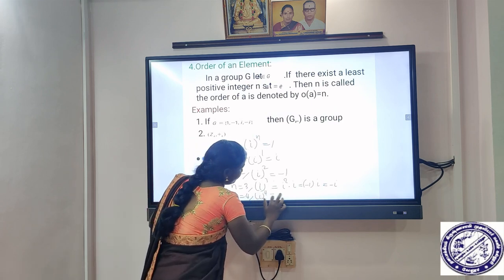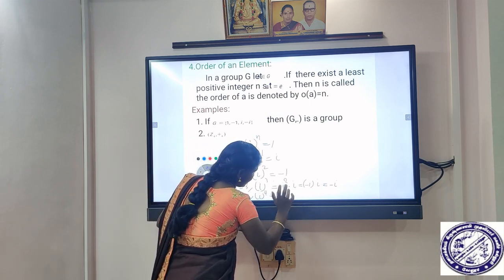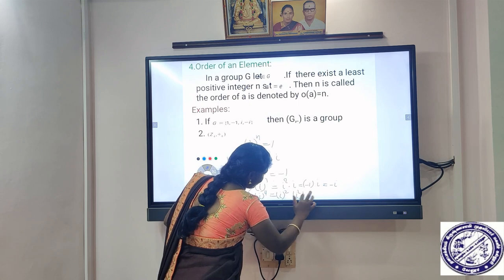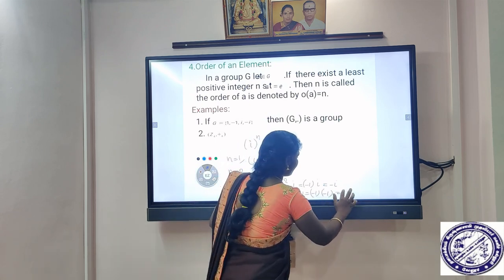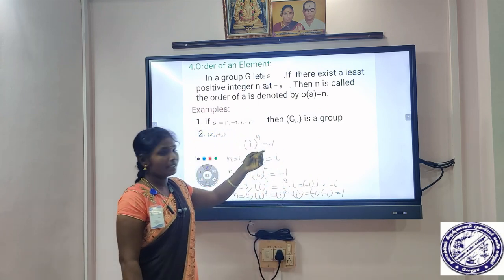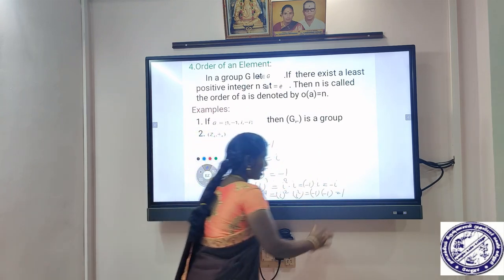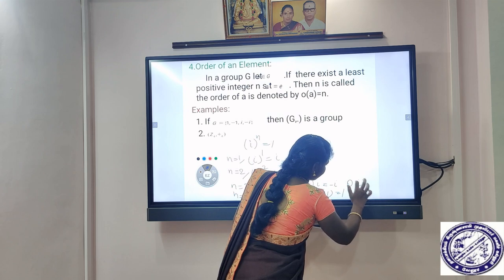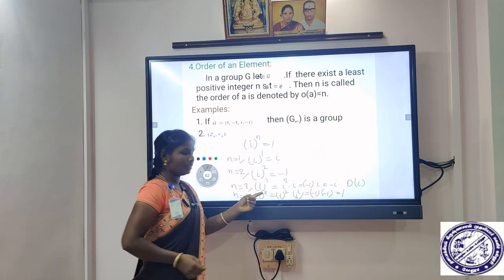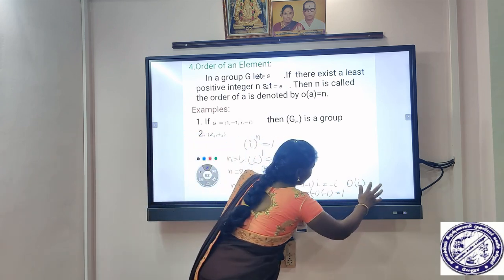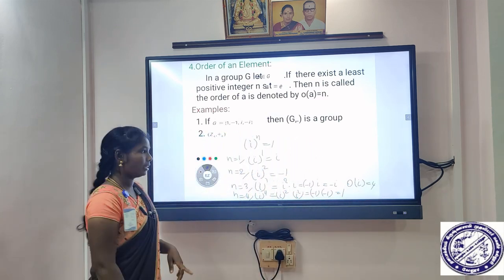So i power 4 is equal to i square into i square, which is equal to minus 1 into minus 1 equal to 1. 1 is the identity element. So the order of i is 4.